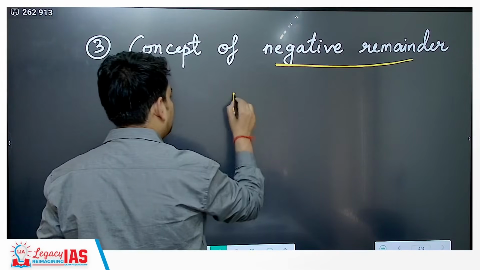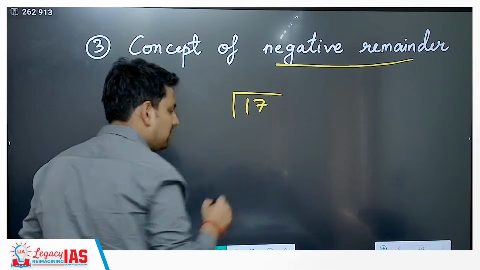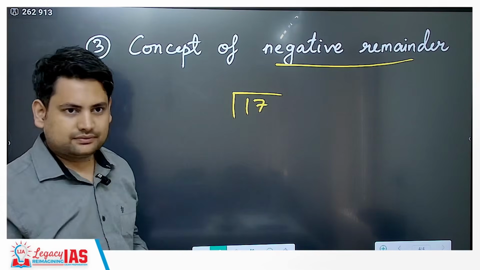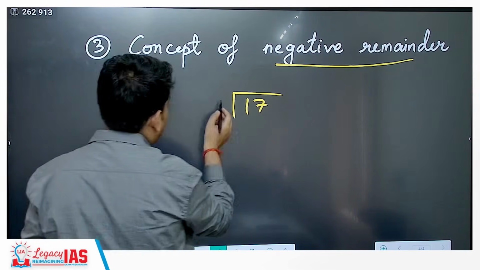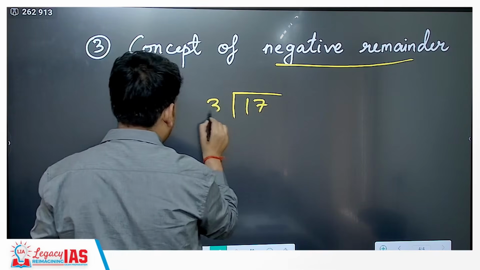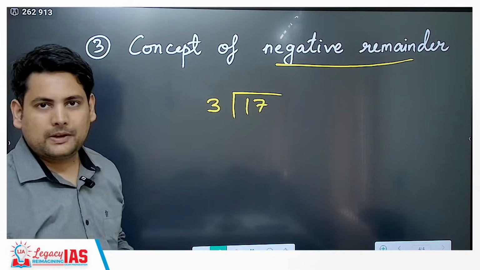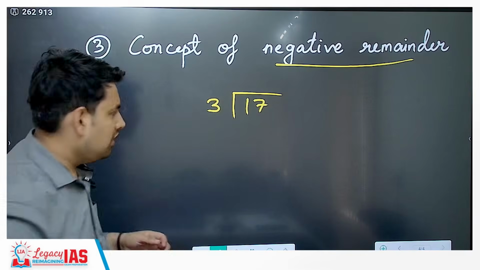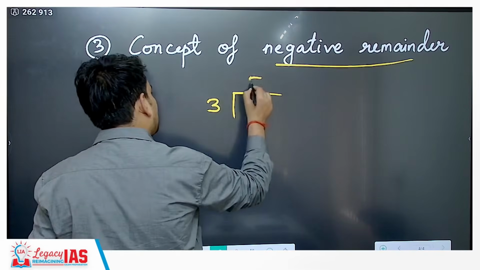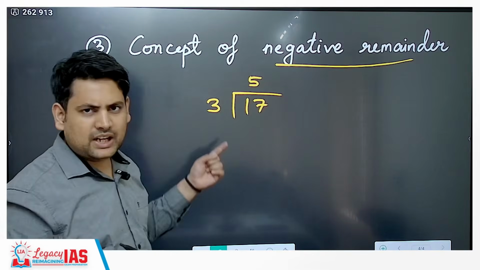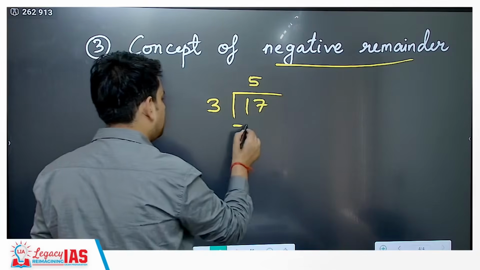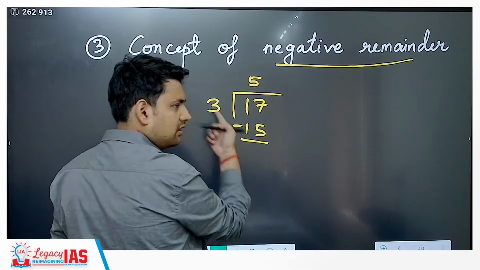What you generally do, let's say you divide 17 by 3. Now how do you usually write it? 3 would go 5 times in 17 and then you would subtract 15. Correct?